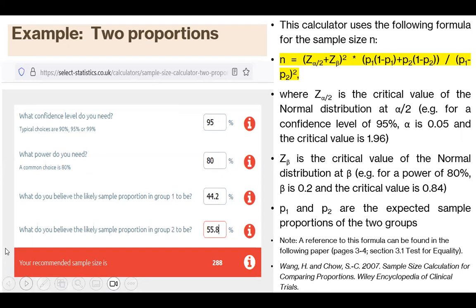But here, in answer to the question, what do you believe the likely sample proportion in group 1 to be, you can input 44.2, and in the second question, 55.8. So your recommended sample size is slightly different. It's 288 now, but still within reasonable approximation, no? So 288.